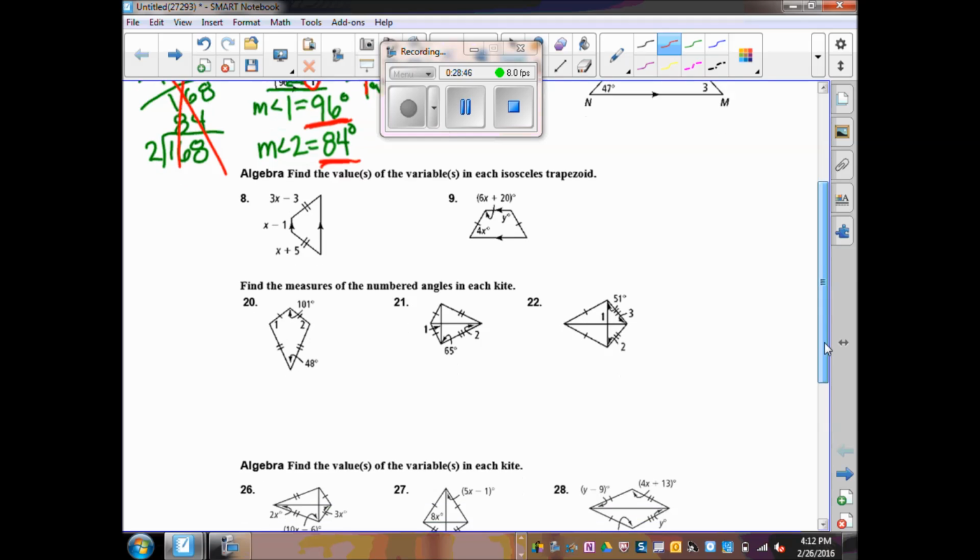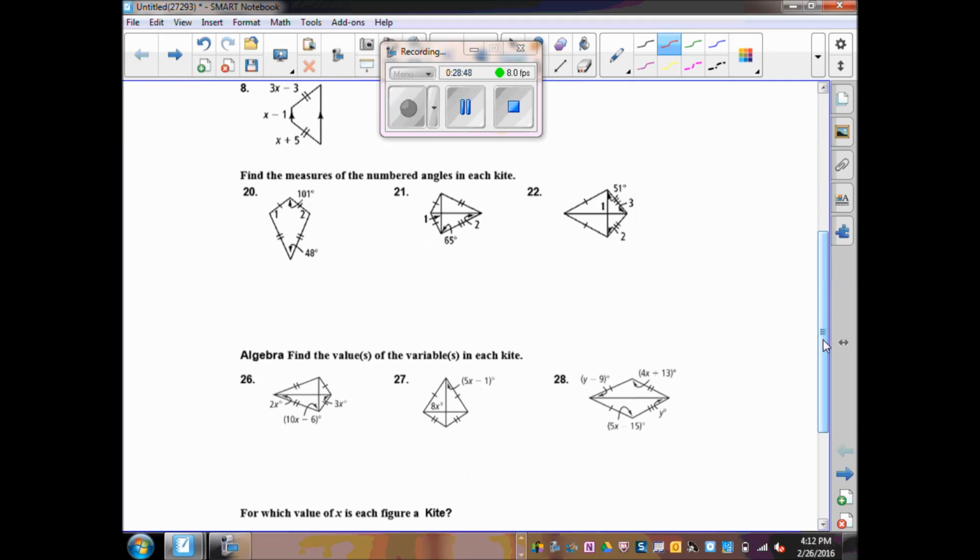And then you're going to use your properties to help you out with these kite problems. For example, number 20 says find the measures of the numbered angles in each kite. Well, for a kite, the angles formed by the non-congruent sides are congruent. So we know that angle 1 is congruent to angle 2. And it's a quadrilateral, so there's a total of 360 degrees. So 360 degrees, and let's subtract what we already have, minus 149 degrees.